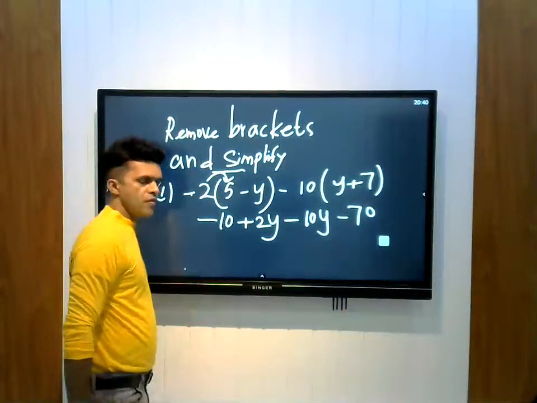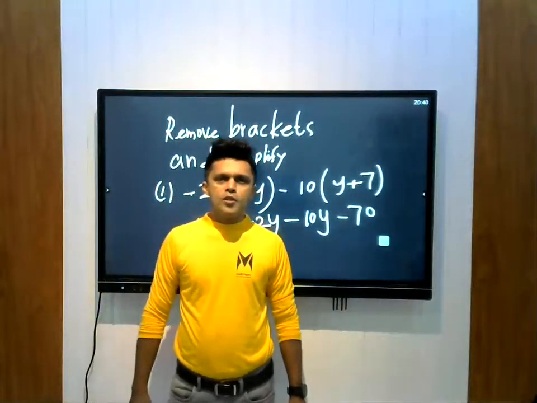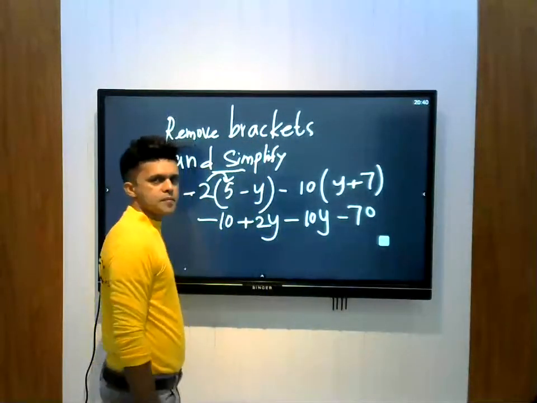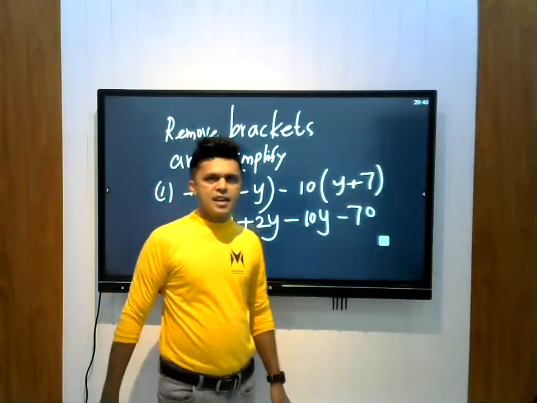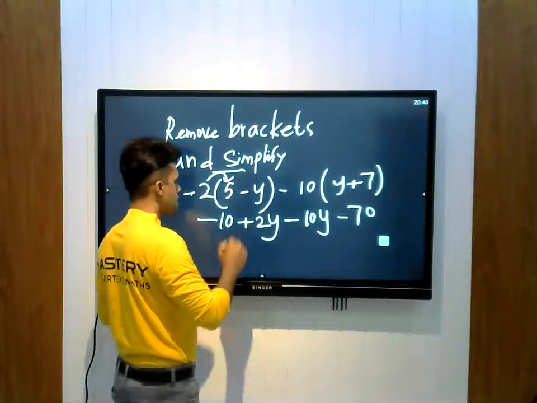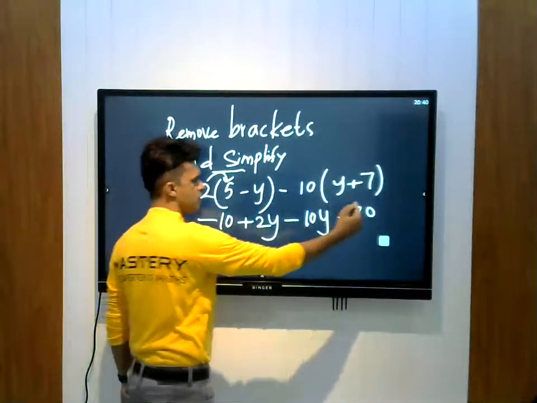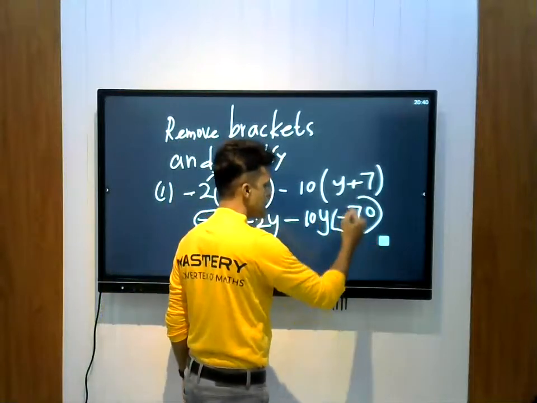So now you can simplify the like terms. How can you simplify the like terms? Here you could see the digits, minus 10 and minus 70, can be added.